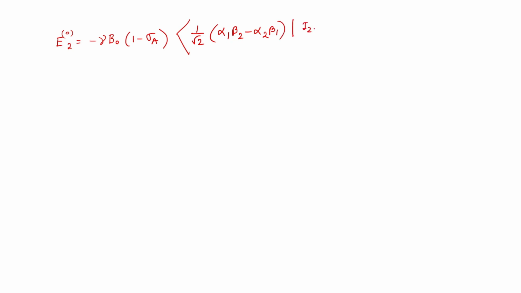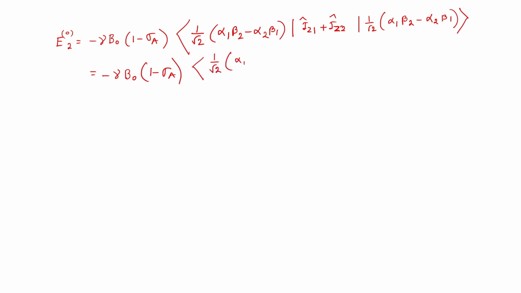Now here is (I_z1 plus I_z2) working on 1 by root 2 (alpha 1 beta 2 minus alpha 2 beta 1), right? Now I_z1 working on this will give us, so let me write it something like that. Now B naught (1 minus sigma A) is actually 1 by root 2 (alpha 1 beta 2 minus alpha 2 beta 1).